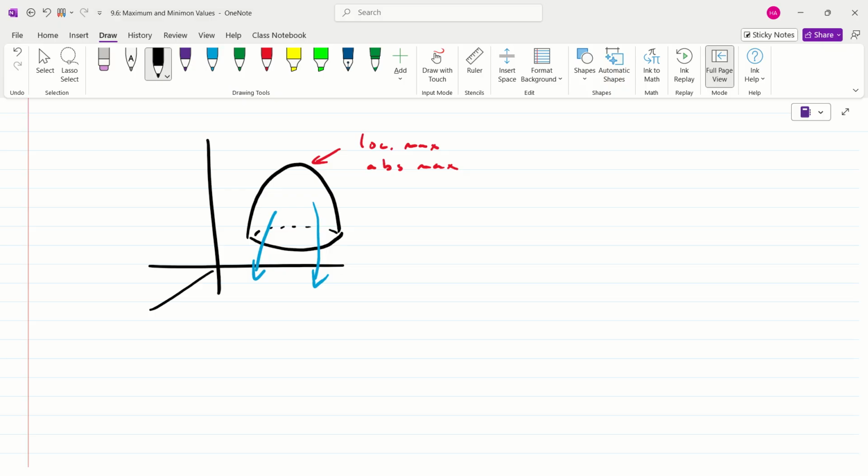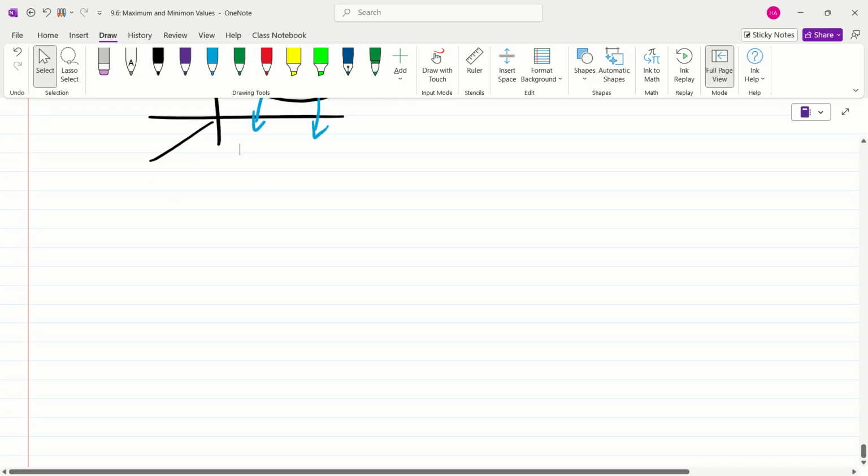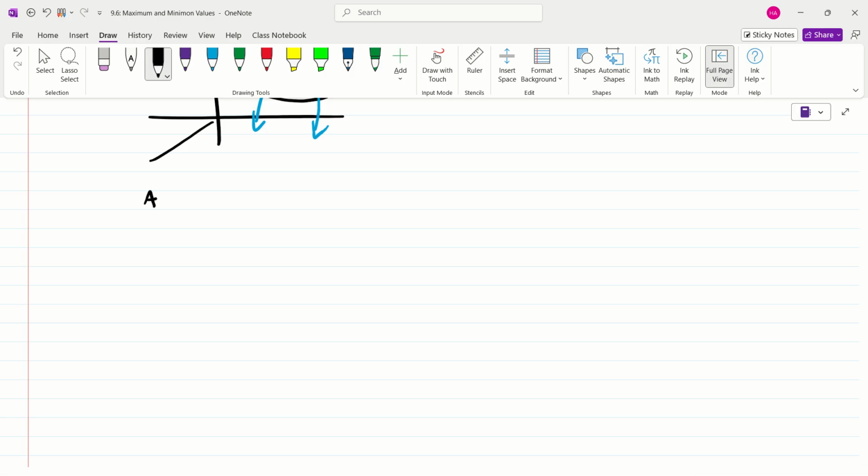To develop that theorem, let's consider some of the topics that we have to discuss. One of the topics is the concept of bounded.